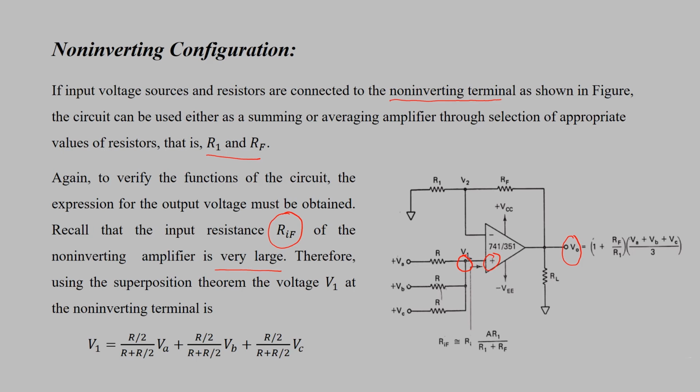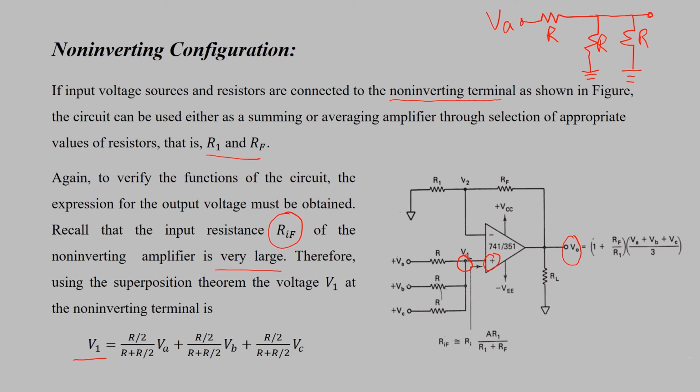Now at node V1, the voltage VA, because of VA, that is VA and R. When we talk of the superposition theorem, we will be talking of the other two voltages, VB and VC, connected to ground.